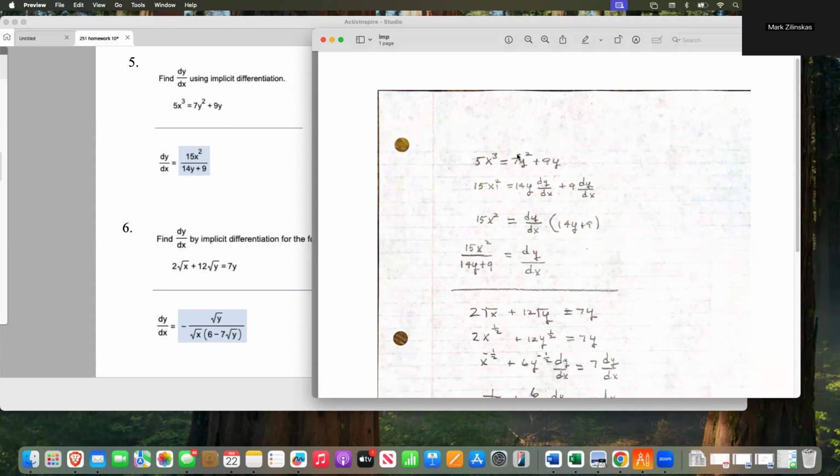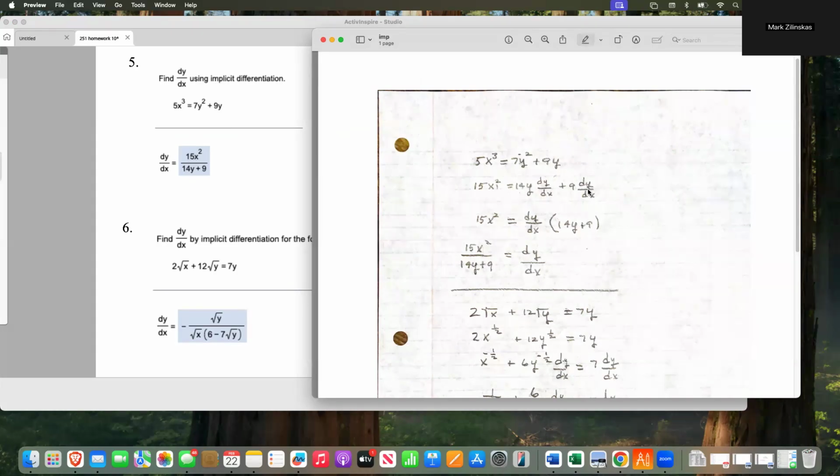Just ignore the stray mark on my scan. But anyway, 14y dy dx, that's using the chain rule, right? Because I have to multiply by the derivative of y with respect to x. Think of that as a composition of functions. And then for this term right here, the derivative of 9y is just 9, but again, using the chain rule, I have dy dx.